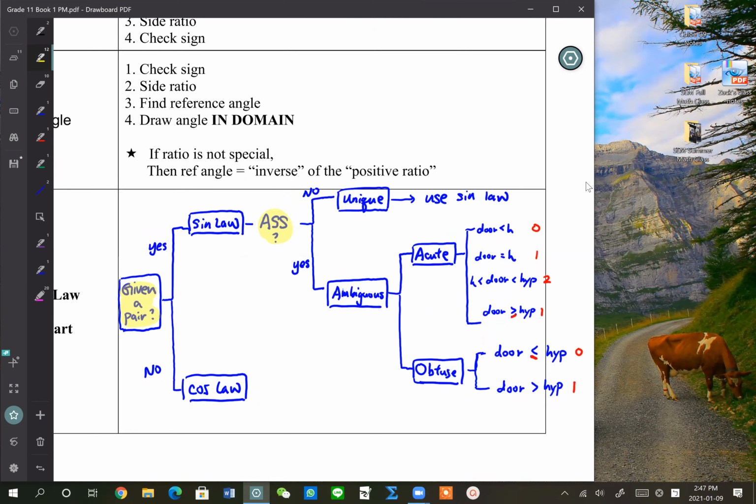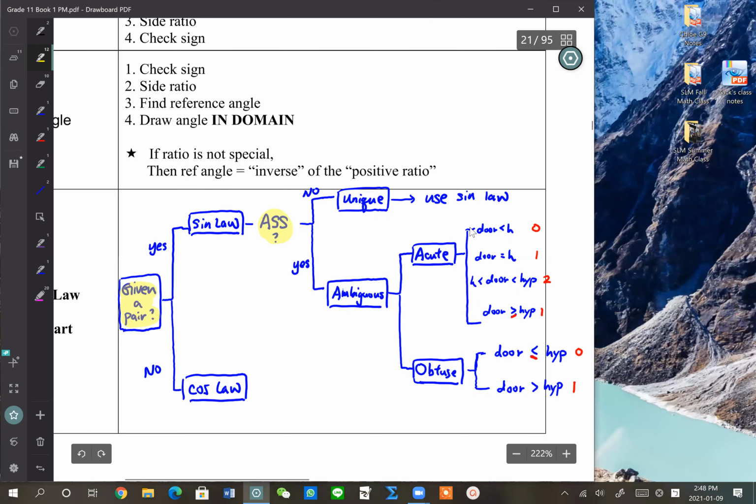You can raise your hand after you copy this chart. Anyone has questions, let me know. Then we'll have a break until 3 o'clock. Finish copying this chart and go for a break.